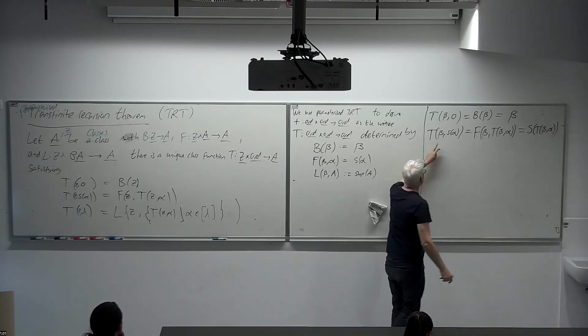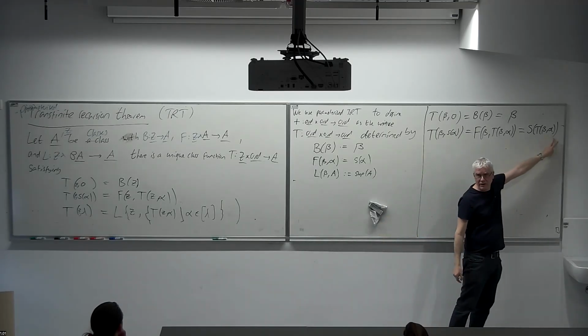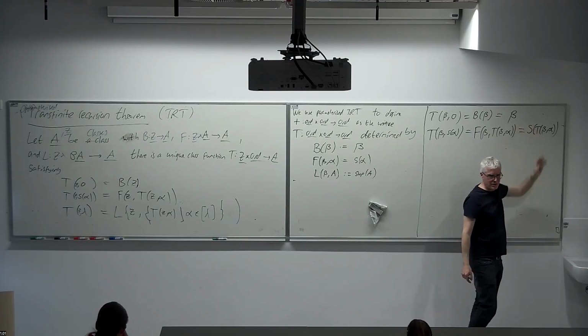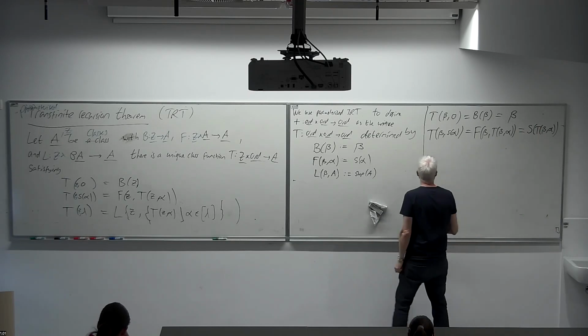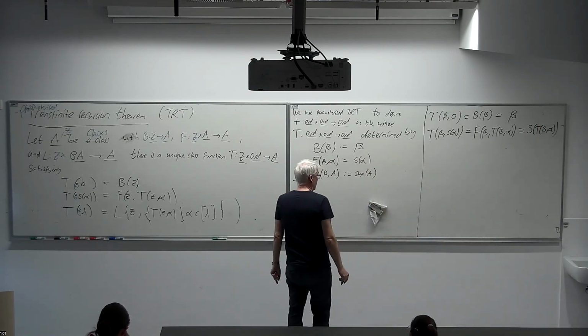So if we add beta to the successor of alpha, we get the successor of beta plus alpha. So this coincides with what we expect from addition on the natural numbers, and we're just generalizing those principles to ordinals. So this is applicable to arbitrary ordinals beta, alpha.